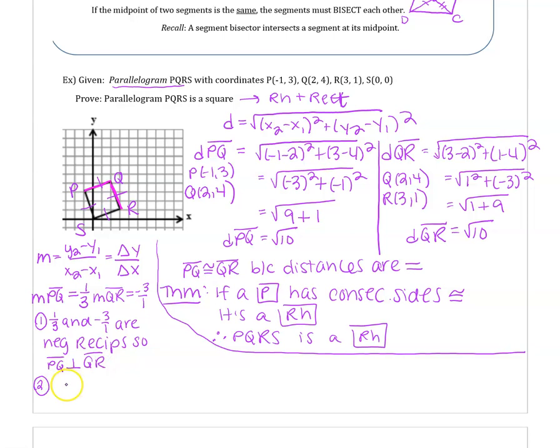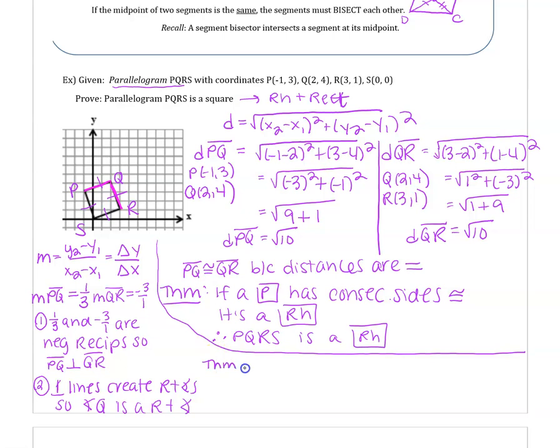Then the second thing I'll say is perpendicular lines create right angles. So angle Q is a right angle.